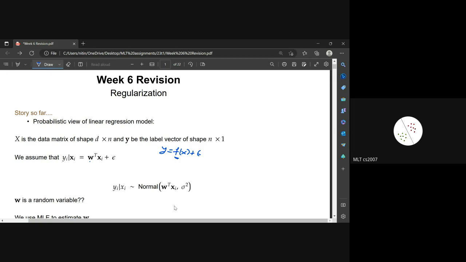Here we assume that every data point in the training data set has some noise associated with it, and that noise comes from a Gaussian distribution. So epsilon follows a normal distribution with mean 0 and some variance sigma squared. That's a reasonable assumption, because on average the noise associated with each data point is 0, with some variance.